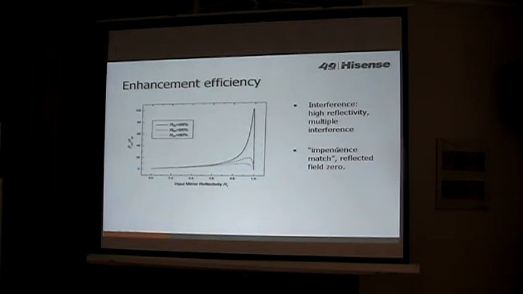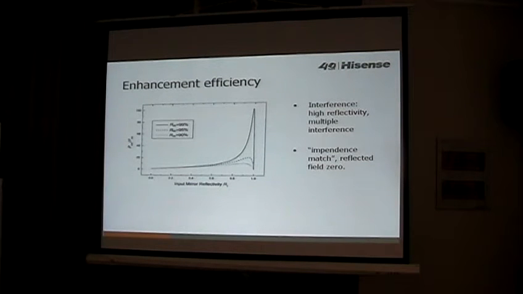When this impedance match happens, the condition is matched, and the reflected field from the resonator becomes zero. So this is why all the optical field will be concentrated inside the cavity. We also noticed that if the reflectivity of both mirrors is higher, then we can achieve very high accumulation inside the cavity.